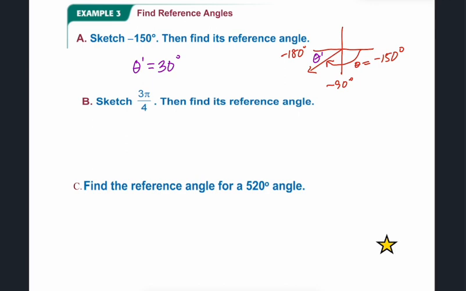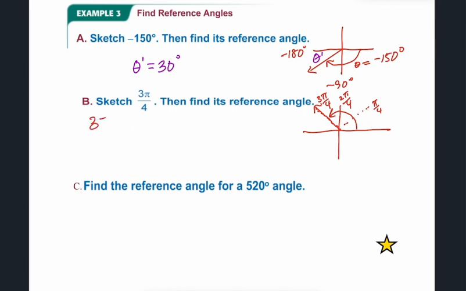Let's draw B. Pi over 4 is 45 degrees. This is 2 pi over 4, which is essentially 90 degrees, or pi over 2. This is 3 pi over 4, 3 45-degree wedges.